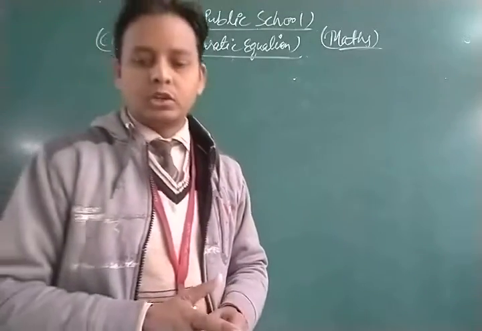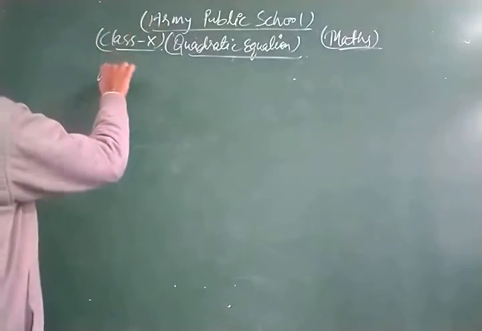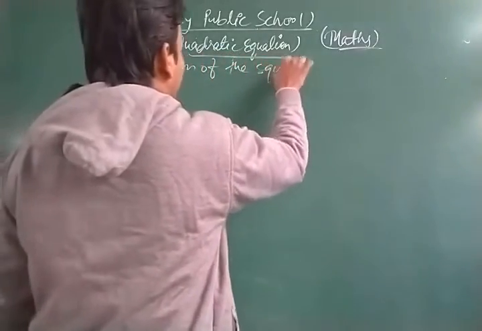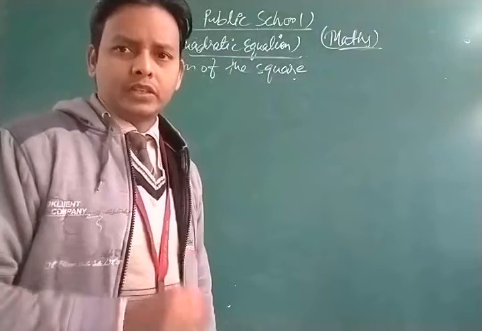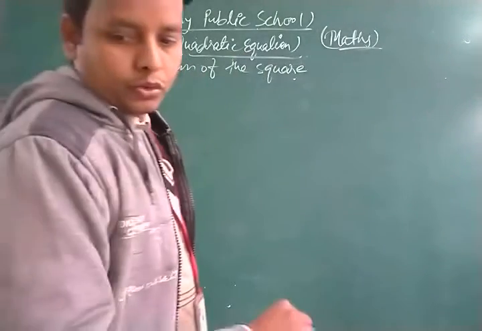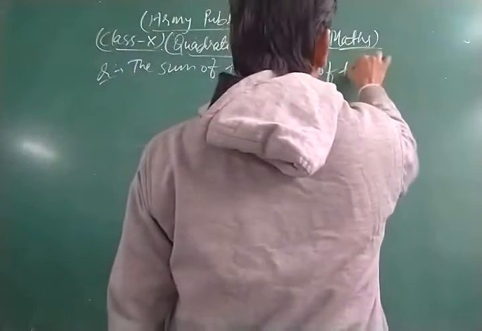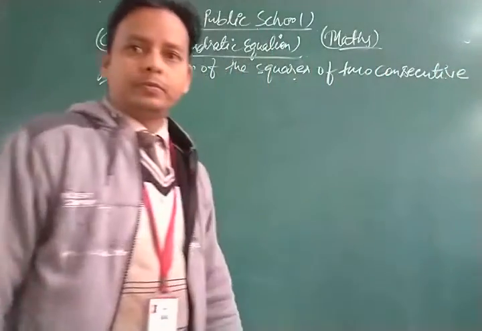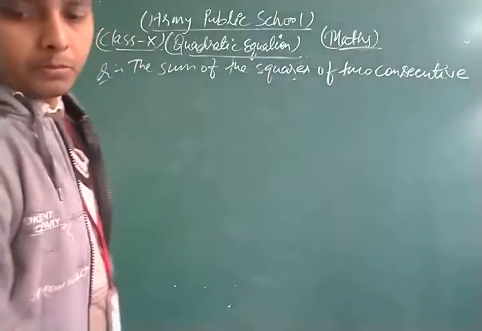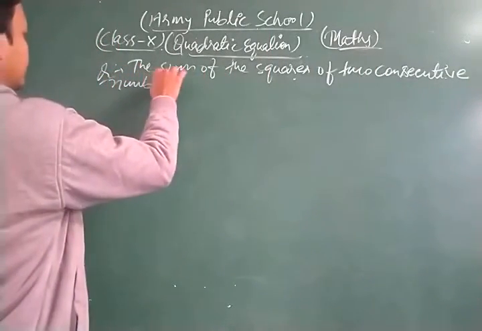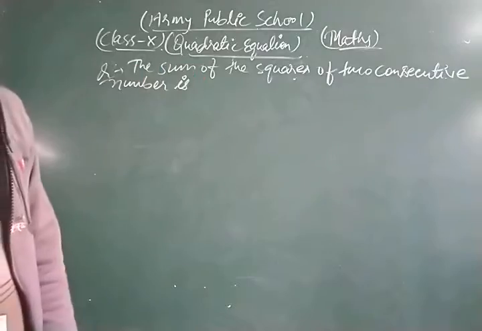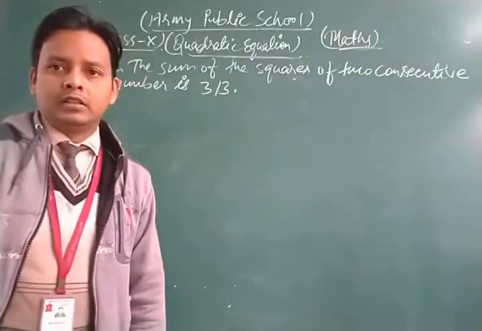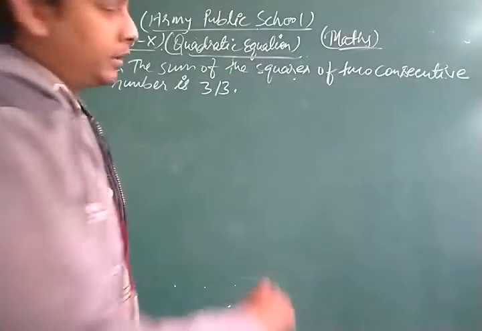Your question is: the sum of the squares of two consecutive numbers is 313.